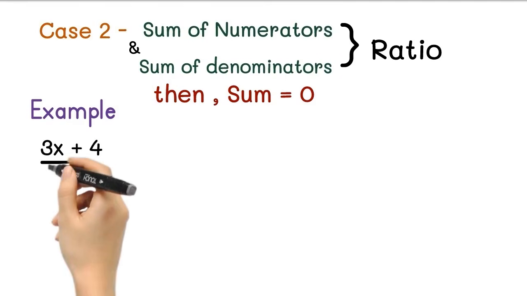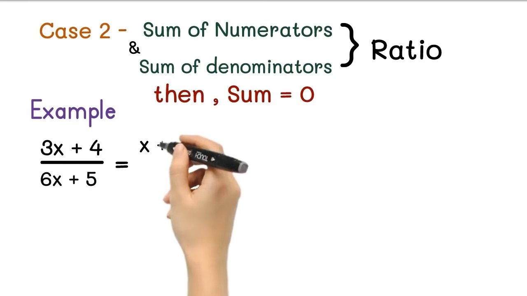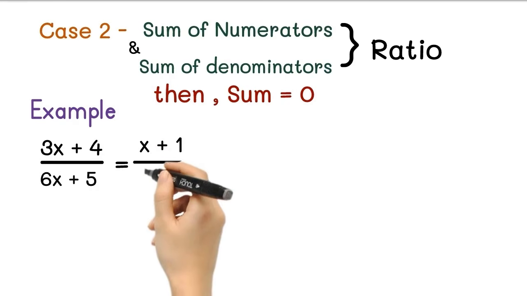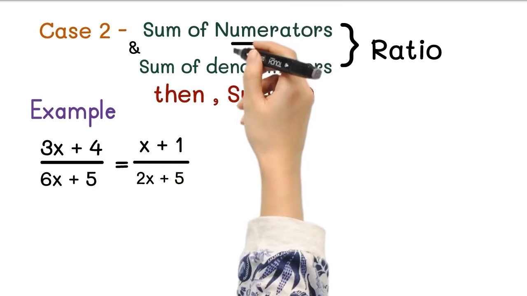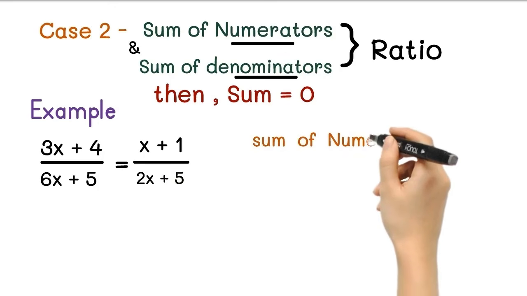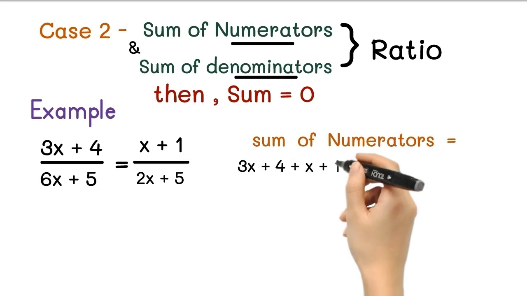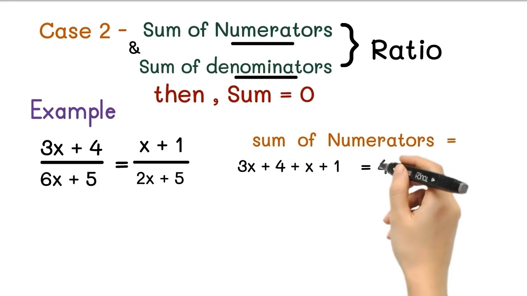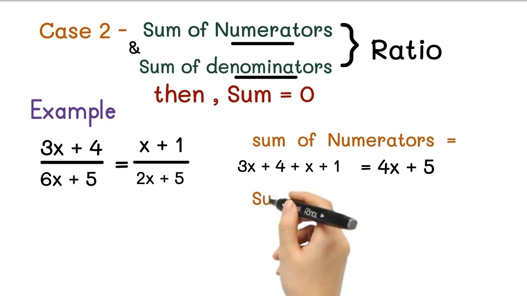3x plus 4 upon 6x plus 5 equals x plus 1 upon 2x plus 5. First of all, let us take sum of numerators and denominators. So, sum of numerators equals 3x plus 4 plus x plus 1, which is 4x plus 5 by adding like terms.